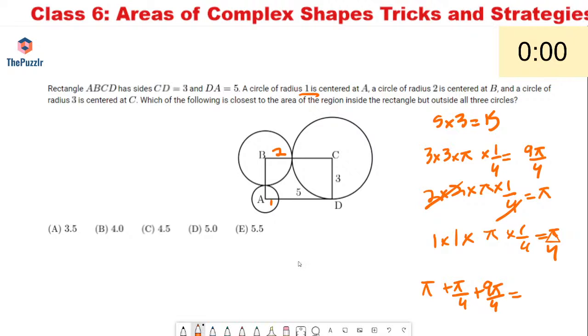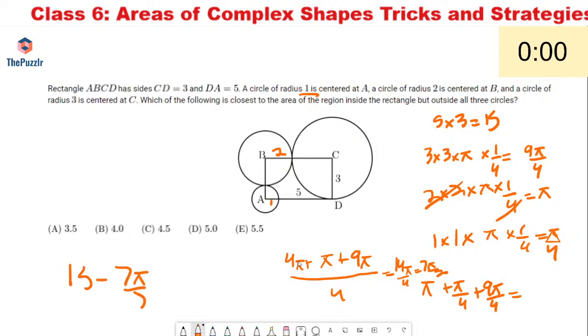We have 4 pi plus pi, plus pi plus 9 pi over 4. And this gives us 14 pi over 4, or 7 pi over 2. So we have 15 minus 7 pi over 2 here.